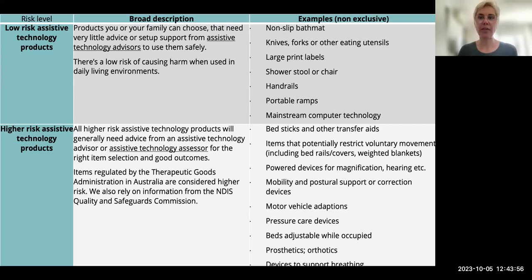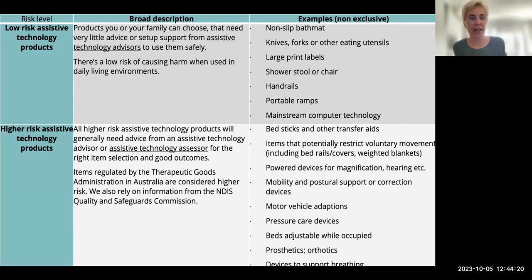If it is for another reason, then there needs to be quite a strong justification provided for it to be funded, and without it, it will be knocked back. And if you purchase it self-managed and you get audited, there is a high risk of you having to pay it back. So yeah, iPads are a bit tricky these days.